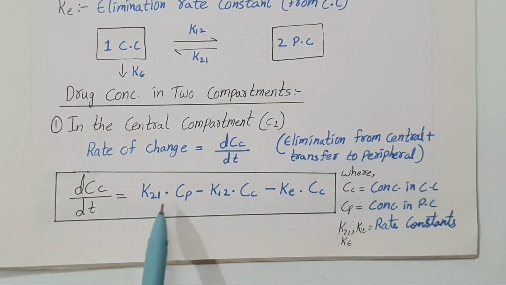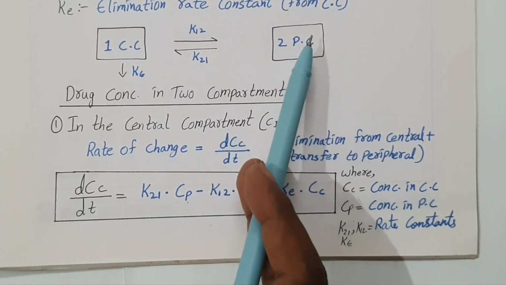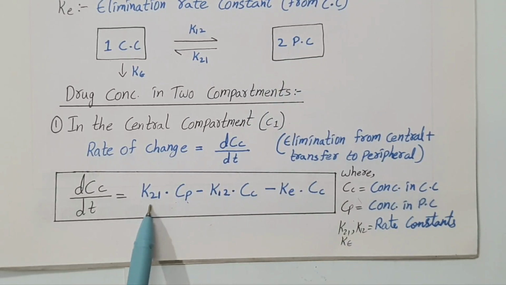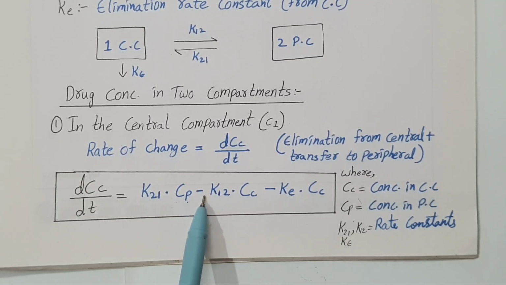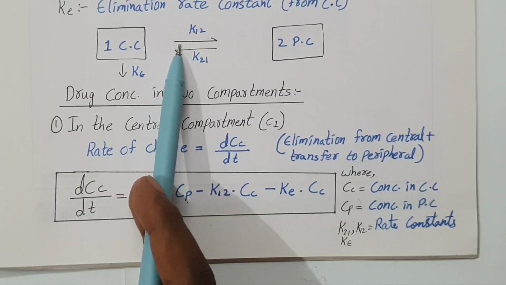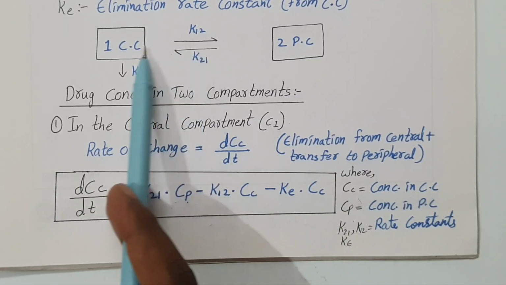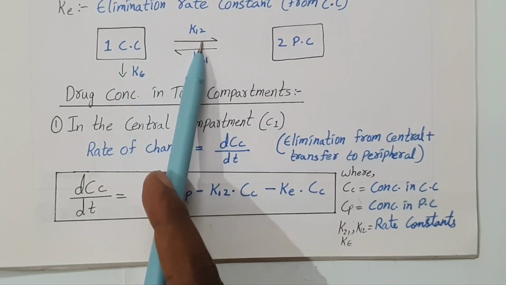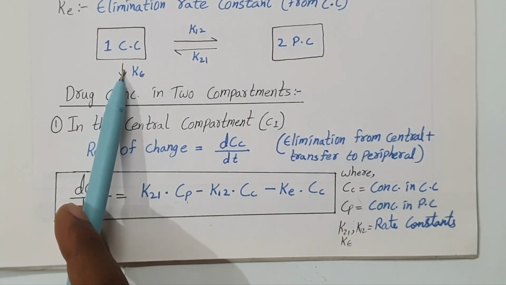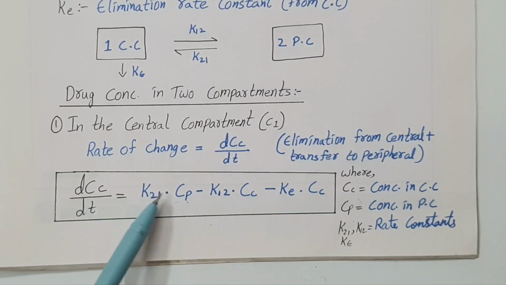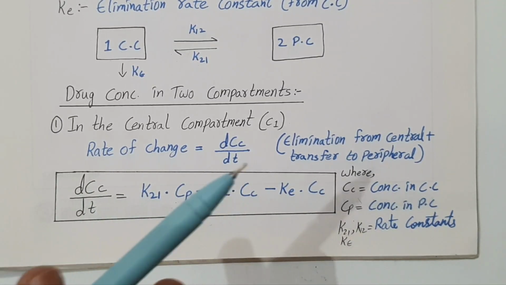K21 times CP, from the peripheral compartment. That is our rate in. Then rate out: K12 CC is going out, and the other one, Ke CC, is also going out. So minus. Rate in minus rate out. Remember this logic.